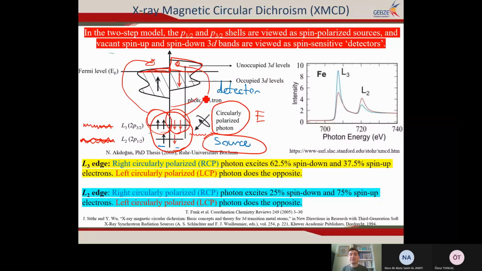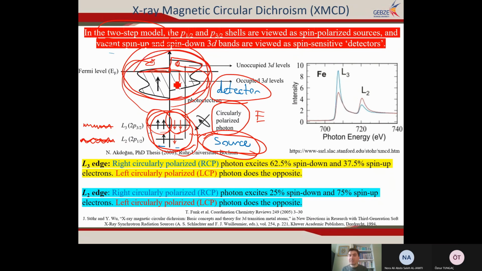So this 3D level works as detector, spin sensitive detector. Okay, you can consider like this, source and detector. So this is the two-step model. First of all, you excite electrons from the 2p levels, and then you detect them in the 3D levels.